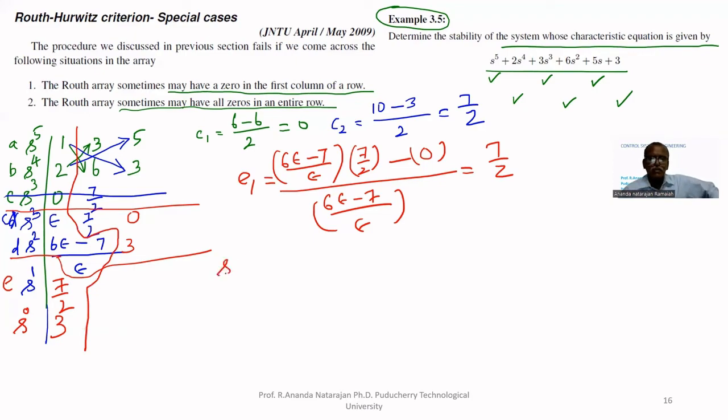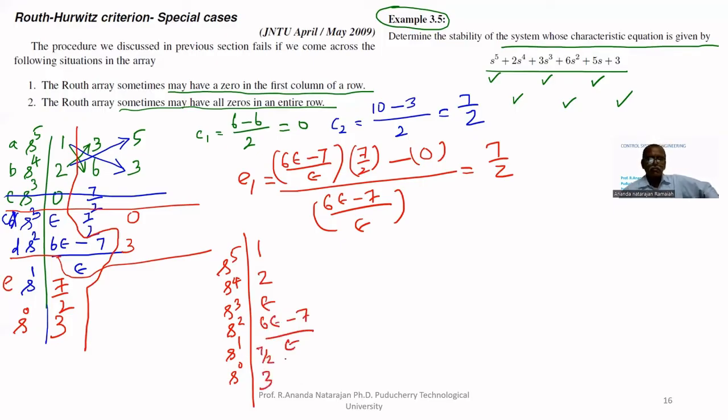Let us write S power 5, S power 4, S power 3, S square, S power 1, S power 0. I'm going to write only the first column: 1, 2, epsilon, 6 epsilon minus 7 divided by epsilon, S power 1 is 7 by 2, and 3.